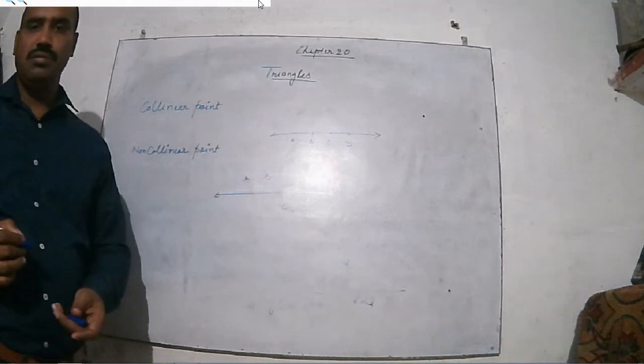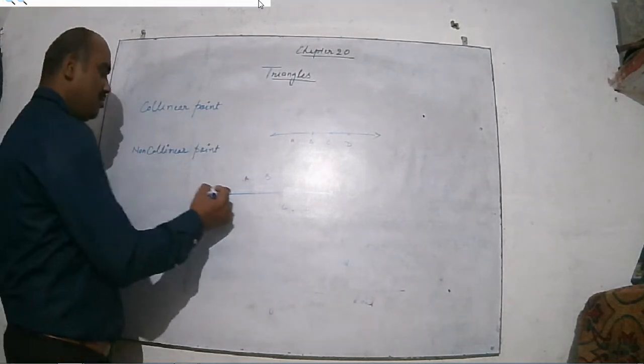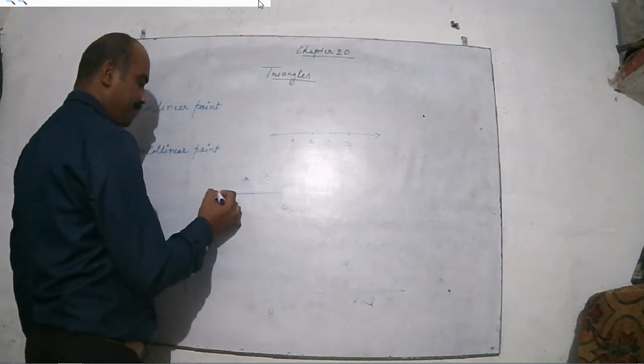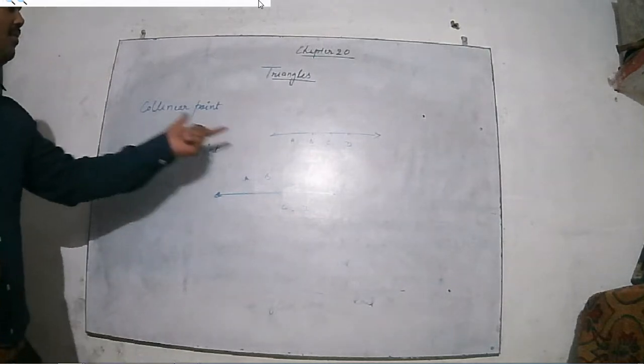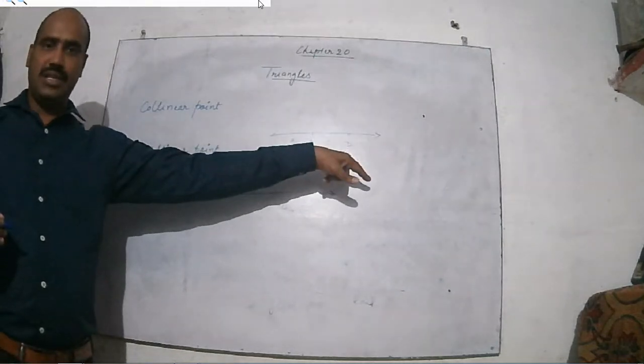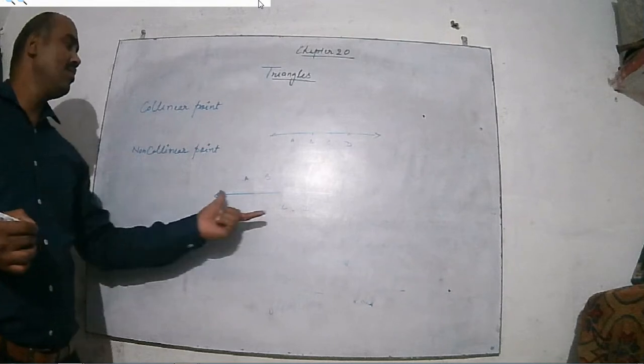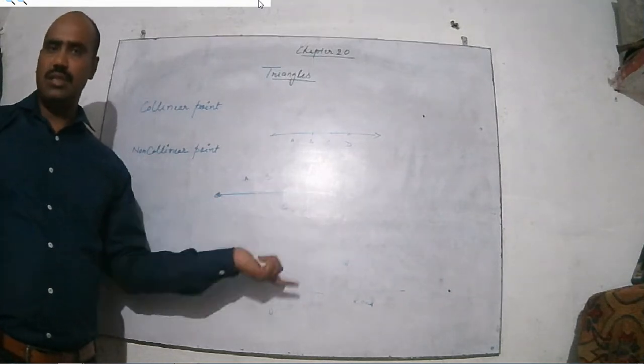Clear, all of you? So collinear points are those points which are on a straight line. Non-collinear are those points which are not in a straight line. That's all.